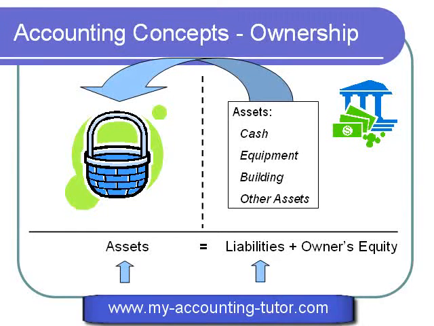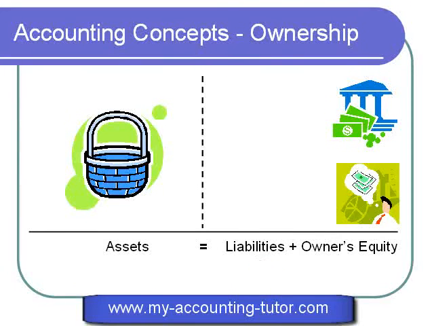Now, since assets have to be owned by someone, either the business owner or by creditors, then whatever we have in assets in the basket has to be equal to the ownership claims of creditors and the business owner against those assets. Well, this discussion is leading up to a very fundamental fact that underlies all of accounting, and that is that the assets in the business have to equal the liabilities and the owner equity in the business.